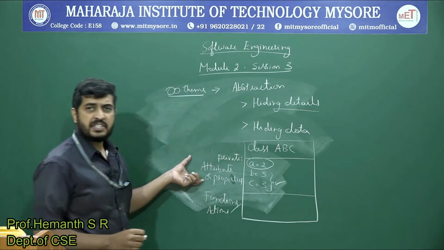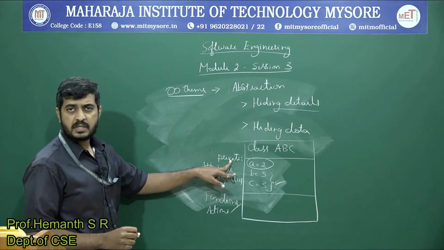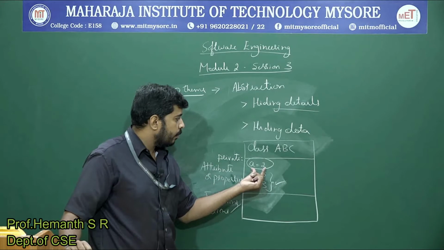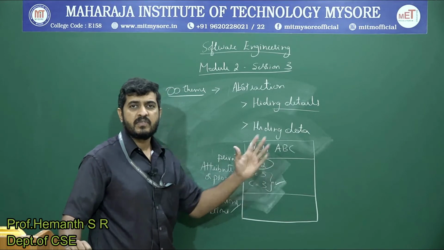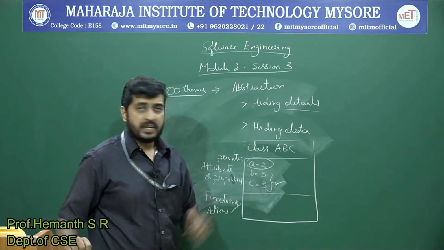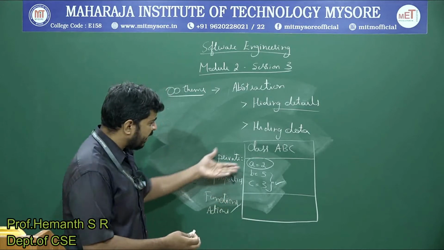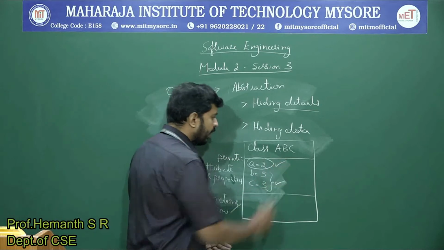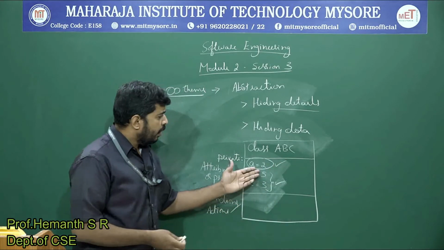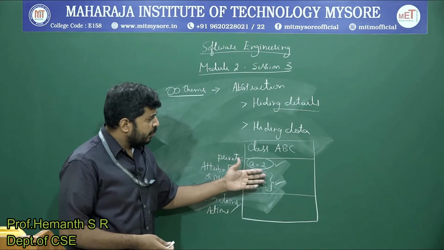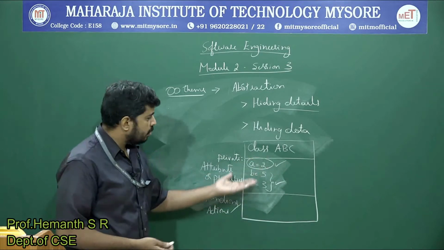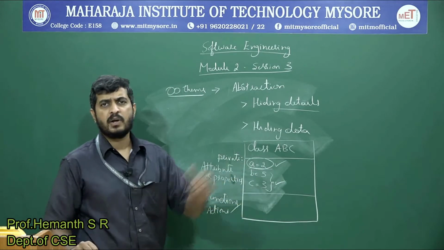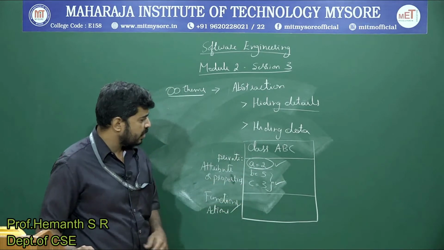Within the attribute section we can have something called a private space, and whatever data you put into the private space will not be visible outside, meaning that you are hiding the data, you are hiding the details. This data may not be needed by the stakeholder. Also, maybe you want to make this data secure, you do not want it to be visible outside. In that case you can do this.